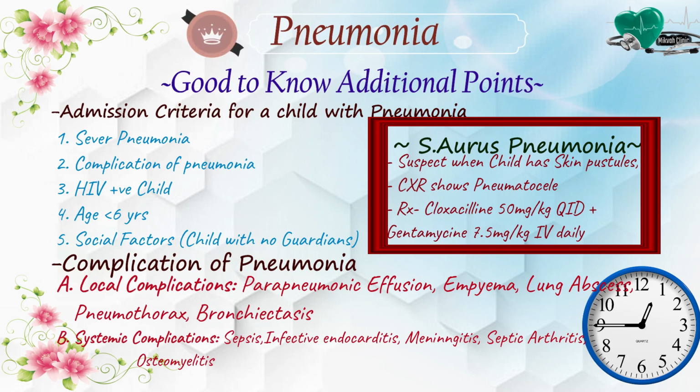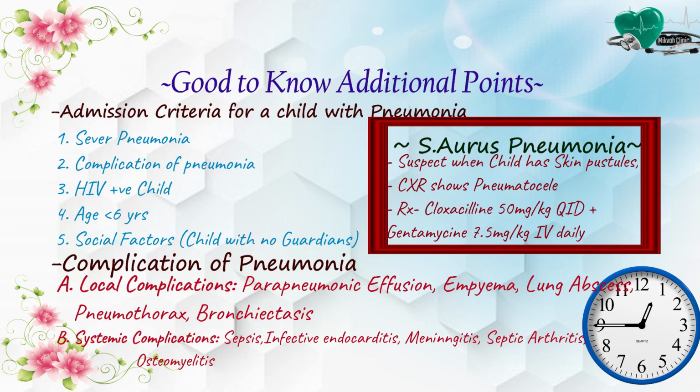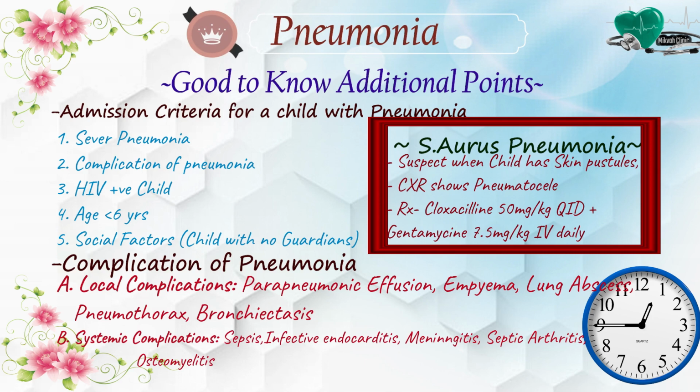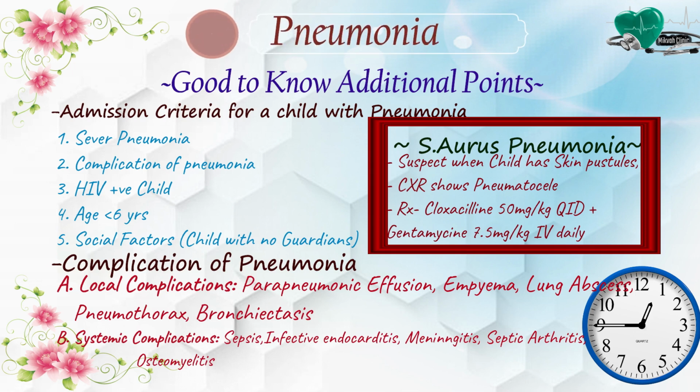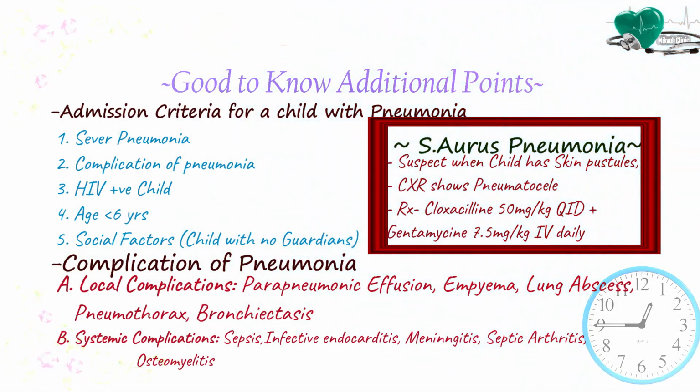These are the complications of pneumonia. Whenever there is a complication, they have separate management and diagnosis. We will discuss those complications under surgical aspects of pneumonia. So these are some of the complications that we should know while diagnosing and managing pneumonia.